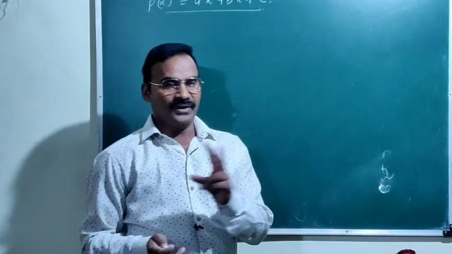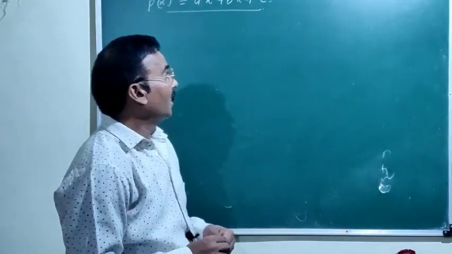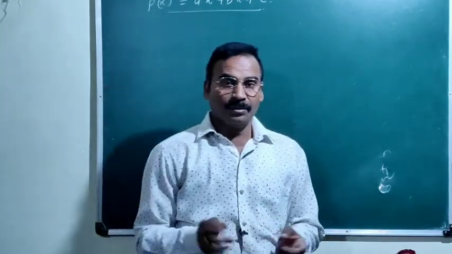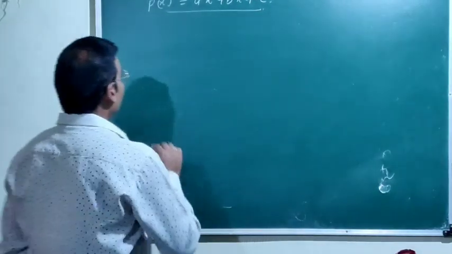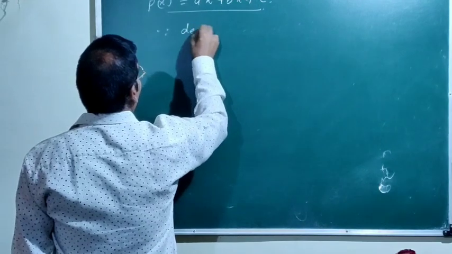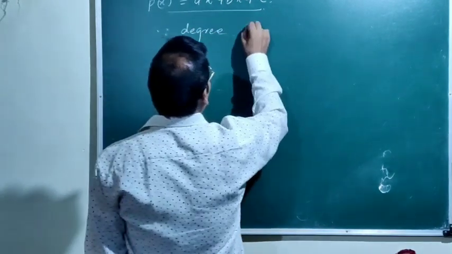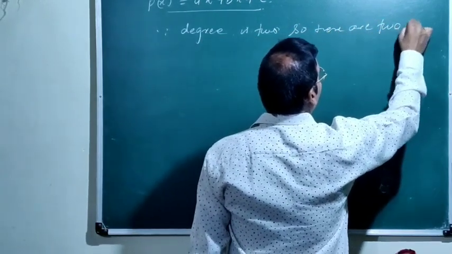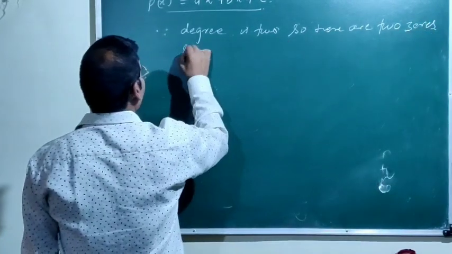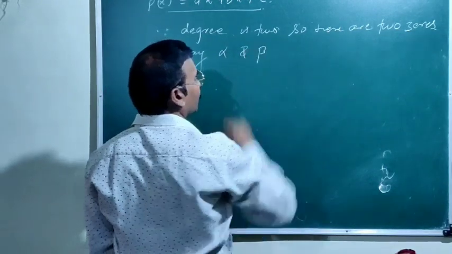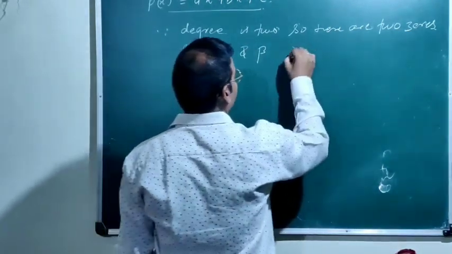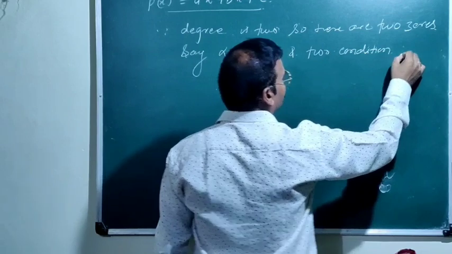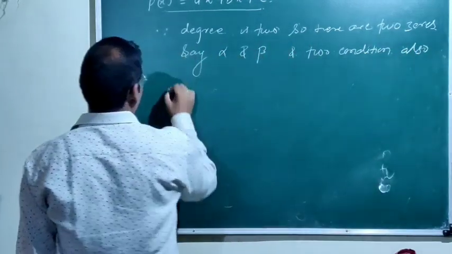We can take alpha and beta as the zeros of the quadratic polynomial, and there will also be two conditions relating the zeros with the coefficients of the variables. Since the degree is 2, there are two zeros, say alpha and beta, and two conditions.